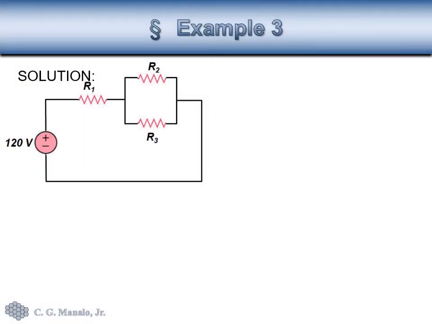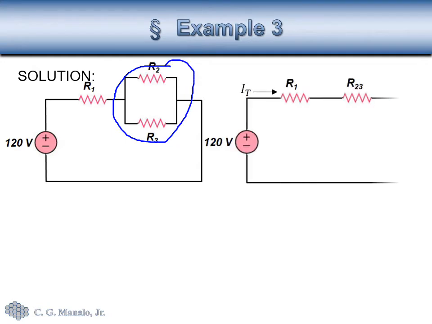To get the remaining resistances, now we assume an equivalent resistance for just these two resistors, and assume that we combine them. So we combine the two resistors into a resistance labeled as R sub 23.